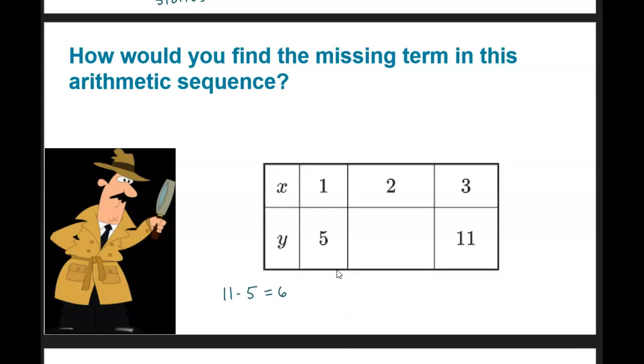And then I look at the number of steps it takes to get there. There's 1 step and 2 steps. And since we're adding the same thing at both steps, we're going to divide this difference by the number of steps. Difference divided by steps equals 3. So we would add 3 at each step.